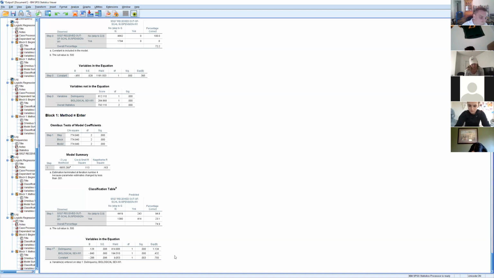Okay, and so we can do predicted probability. Predicted probability ranges from 0 to 1, and this is an outcome that's measured 0, 1, so we can do a predicted probability of this happening based on a statistical profile.